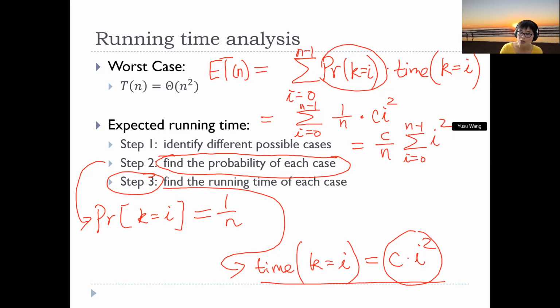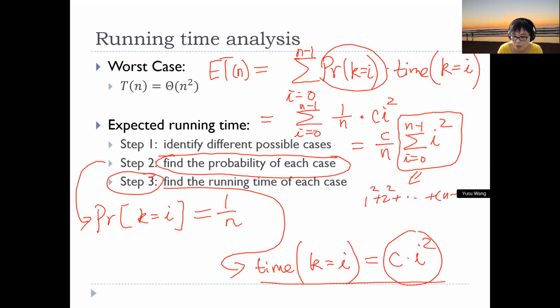Okay, now you can use a precise formula, or we also summarized last time that the summation of i to the d, for i goes from 0 to n or n minus 1, is actually big theta of n to the power of d plus 1. So the summation of i squared, basically this is the same as 1 square plus 2 square all the way up to n minus 1 square.